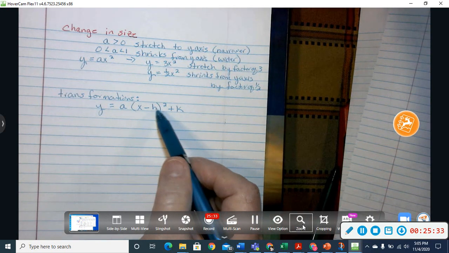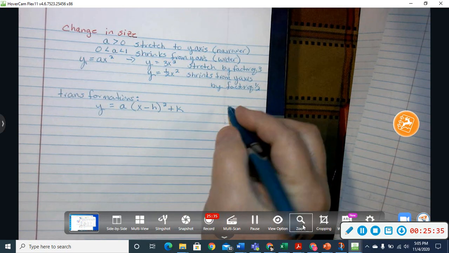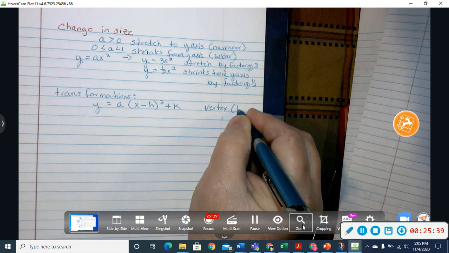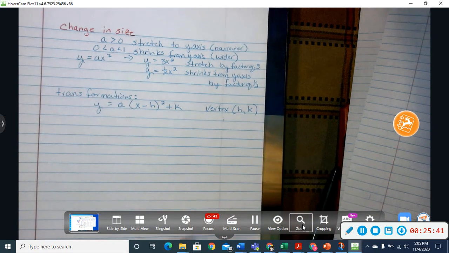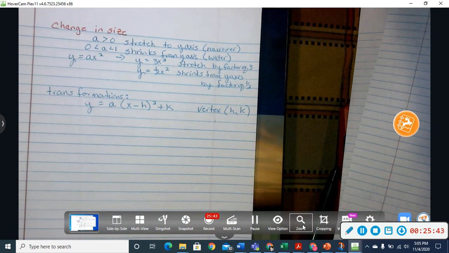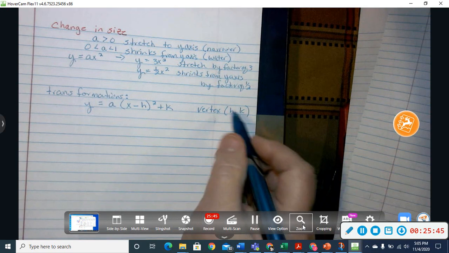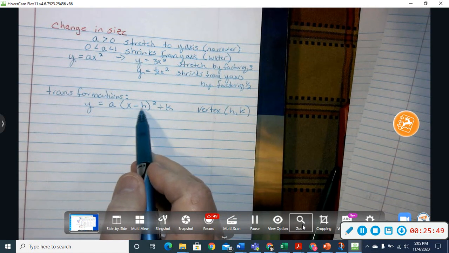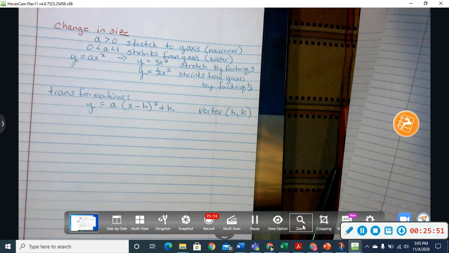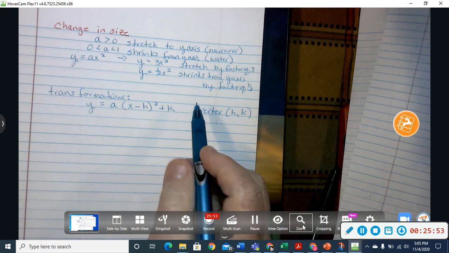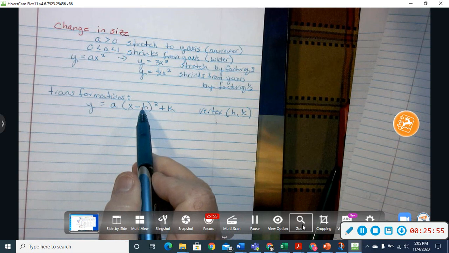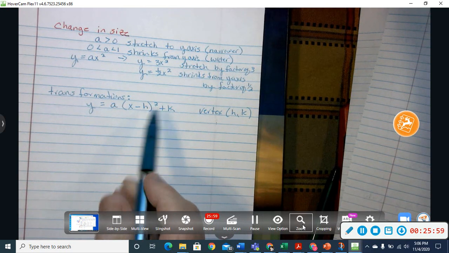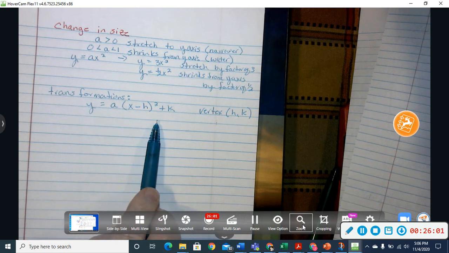The value of h, k tells you your vertex. So you can always find the position of your graph in the vertex form by the value of h, k. Remember, that's the opposite of that sign there. Then it also tells you your movement. So if there is a value there, it's telling you whether it moves left or right.